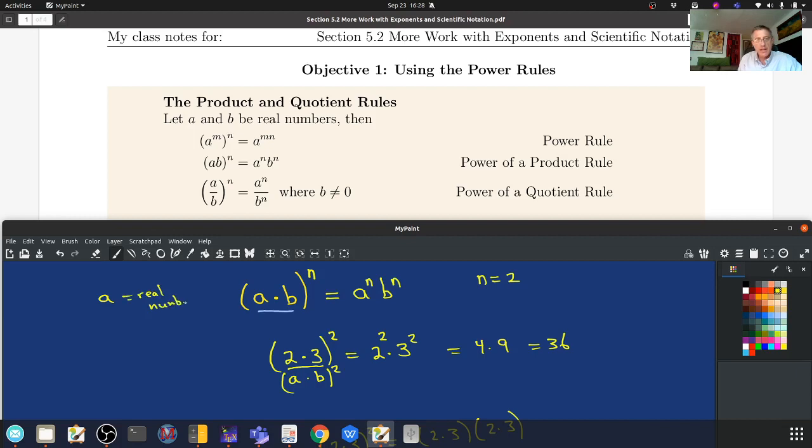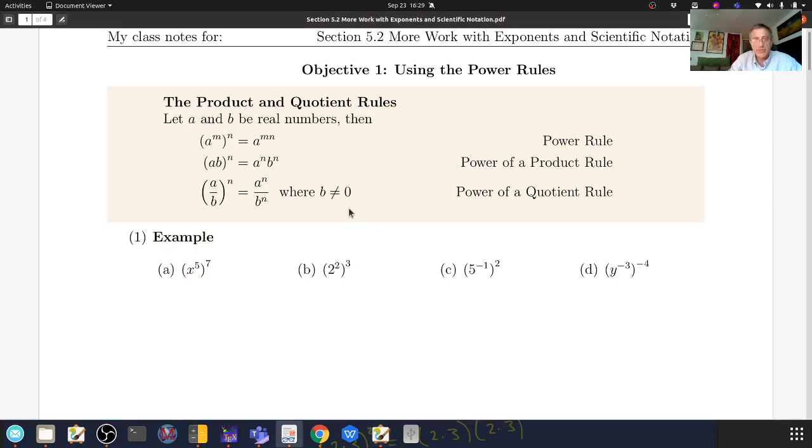And clearly fractions like c over d are real numbers. So c over d to the third power is c divided by d, c divided by d, c divided by d, which is c times c times c, c cubed, over d times d times d, d cubed. So let's just do some exercises.